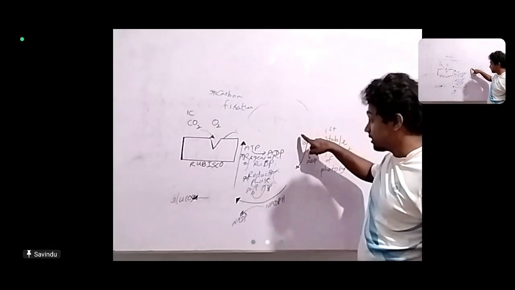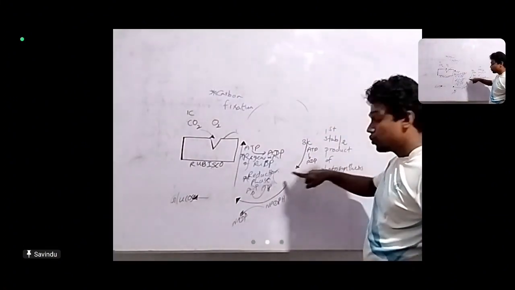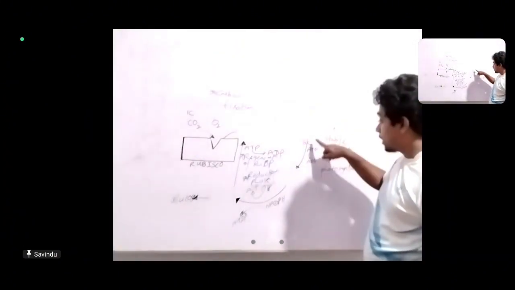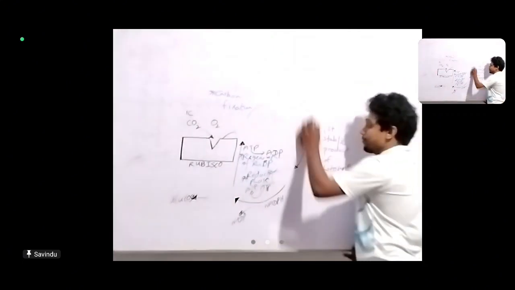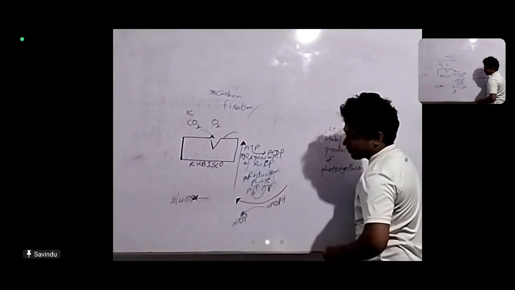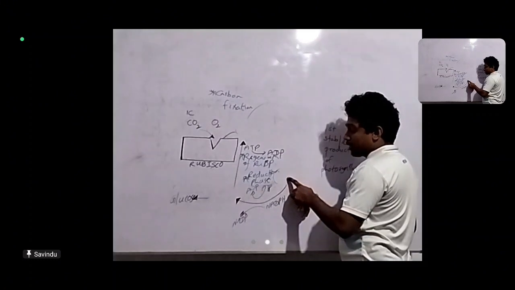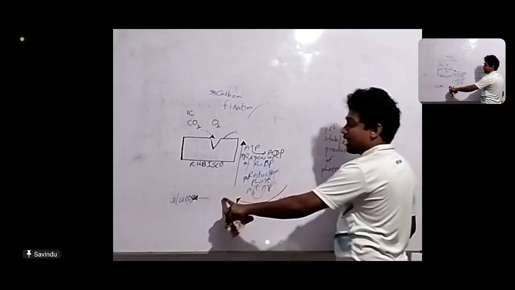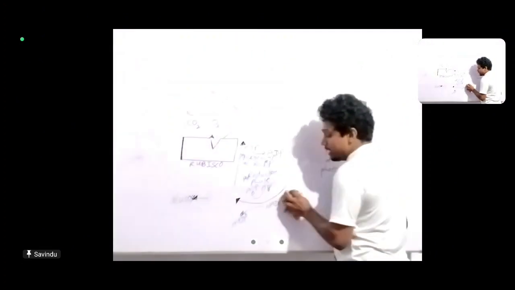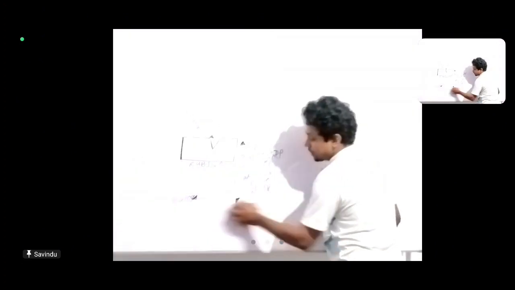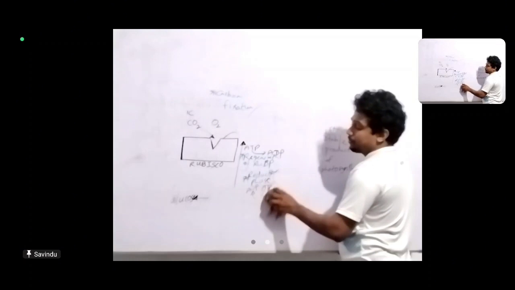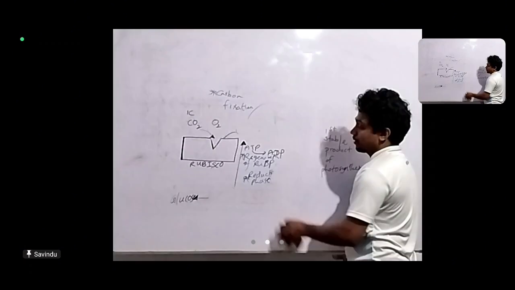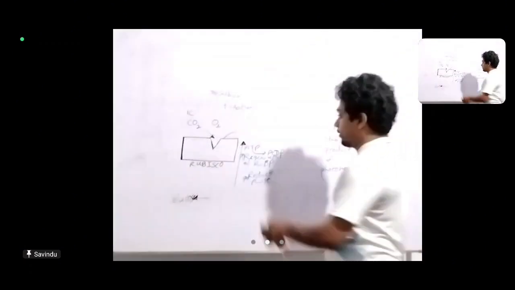To this reduction phase, to transfer 3 phosphoglycerate into 1,3 bisphosphoglycerate, some amount of ATP is needed. And to convert 1,3 BPG to G3P, glyceraldehyde 3-phosphate, all the NADPH is used and some amount of ATP is also used. We call that the reduction phase.